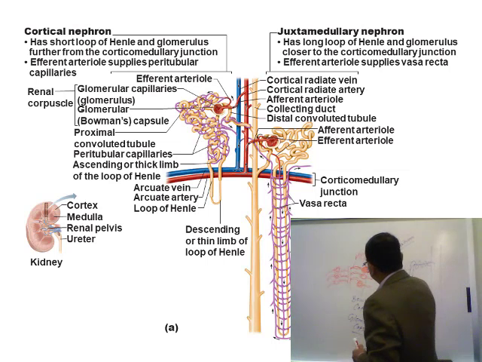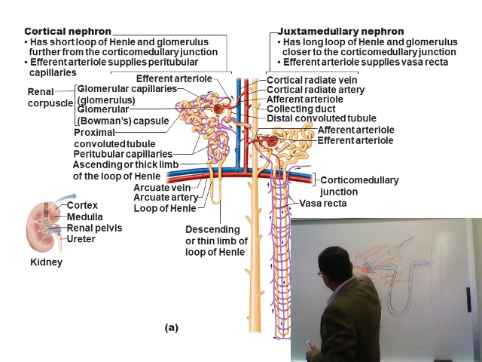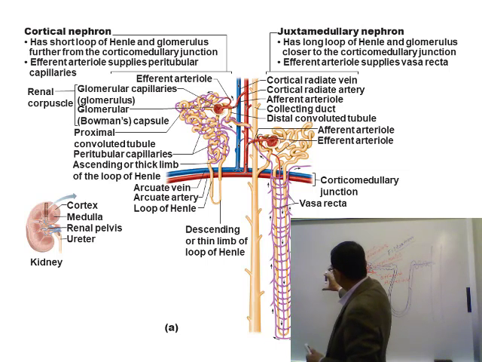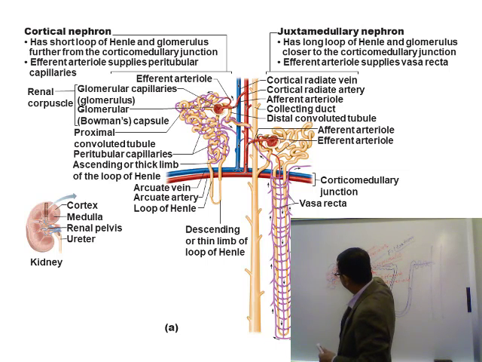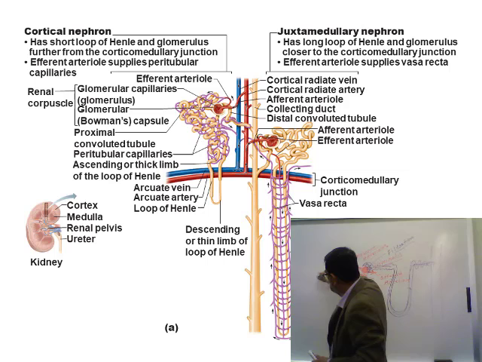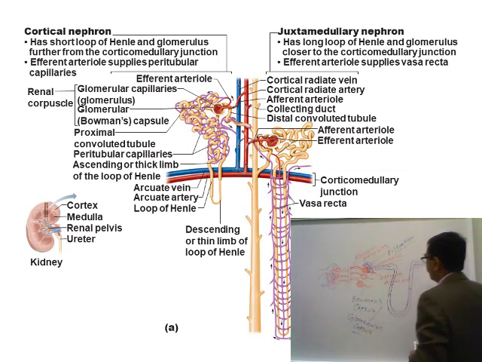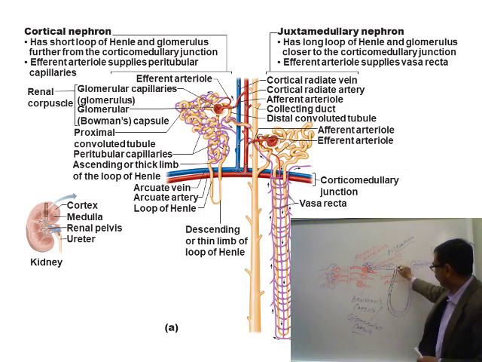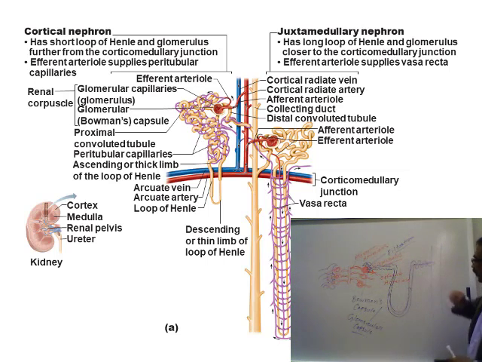Now, you have millions of glomeruli and millions of nephrons like this. So each glomerulus is covered by the first part of a nephron. Then again, let's see how the urine or fluid flows.